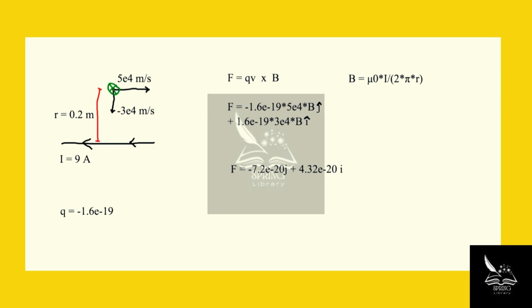Normally we write the i component first, just for convention. When we add the hats, this should be our final answer for the force. Both of these are in newtons, and the directions are now written correctly in terms of the components, i hat and j hat.